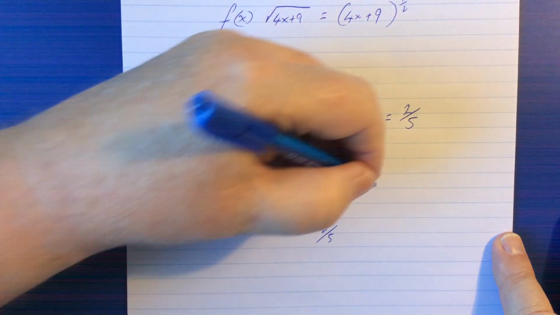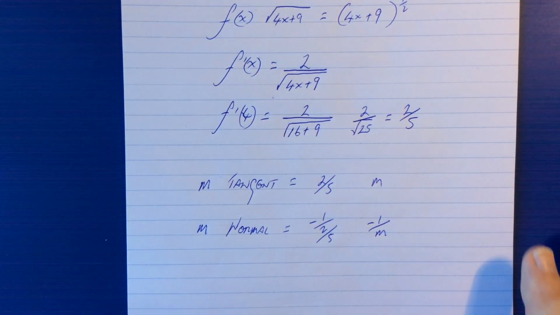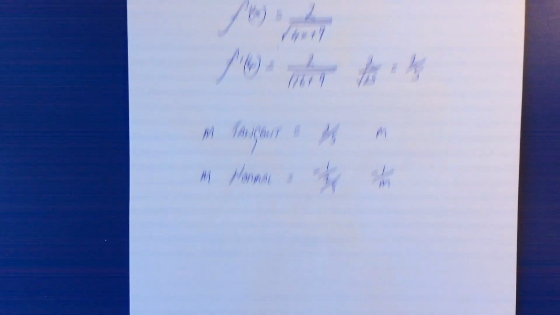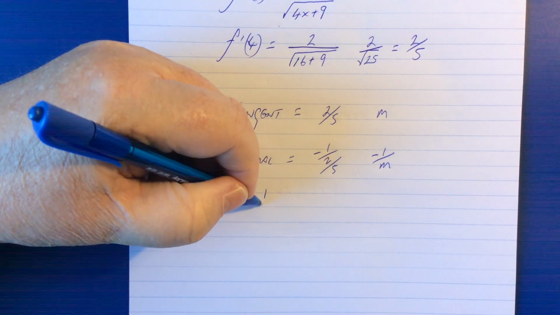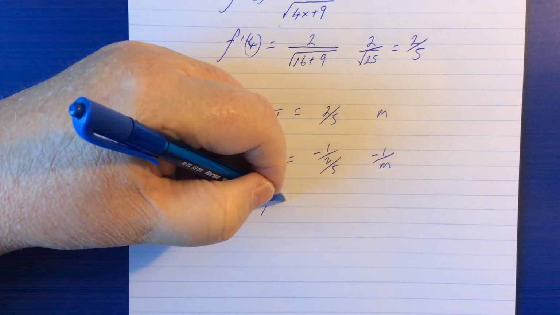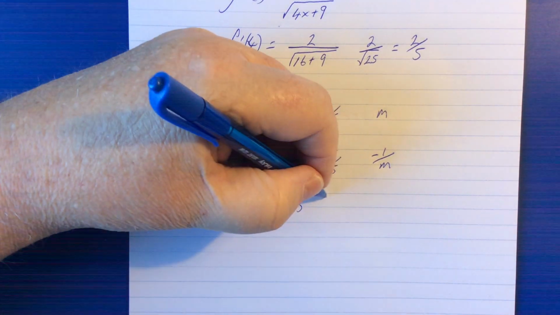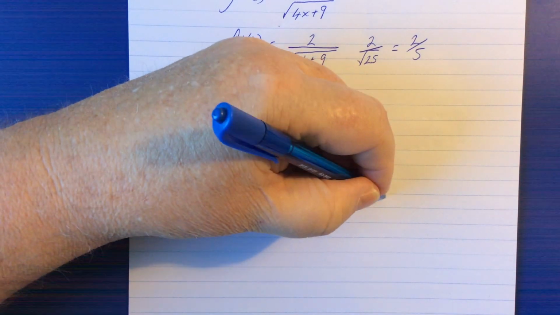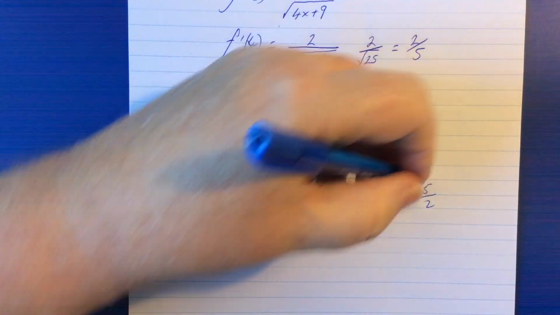So it's m, and negative 1 over m. That's the relationship. Now, what does that give us? Very quickly, negative 1 divided by 2 over 5 is equal to negative 1 times 5 over 2, which gives us negative 5 on 2.